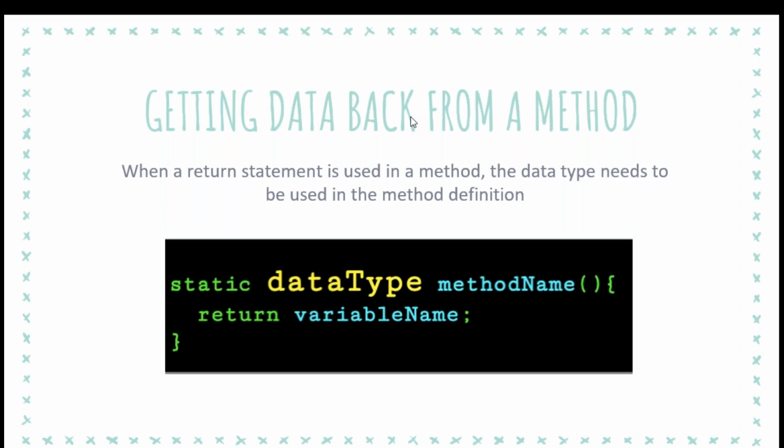So when we call our method and put our return statement in it, we have to state the data type. In this case, static, then the data type, then the method name, and then of course return your value. One important thing to keep in mind is that if you're not returning any data type, instead of putting the data type, you would say void, which is also something we covered in our previous session.